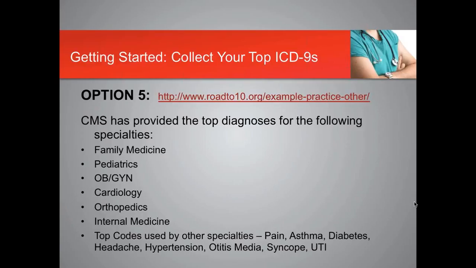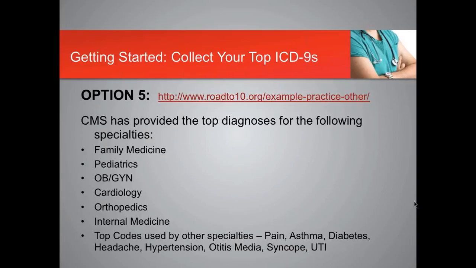roadto10.org, and they do provide some top diagnoses for some limited specialties, and I have them listed there. Primary care is listed because of the numbers of primary care physicians and providers, as well as how broad the number of diagnoses and the types of problems they deal with in their patients.